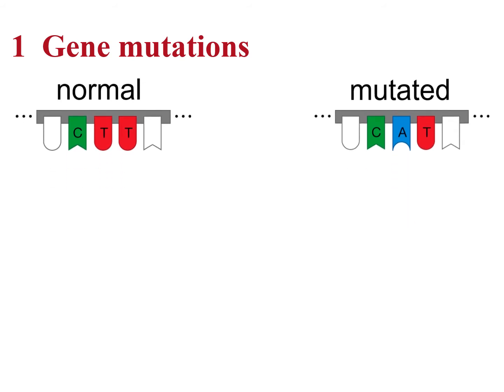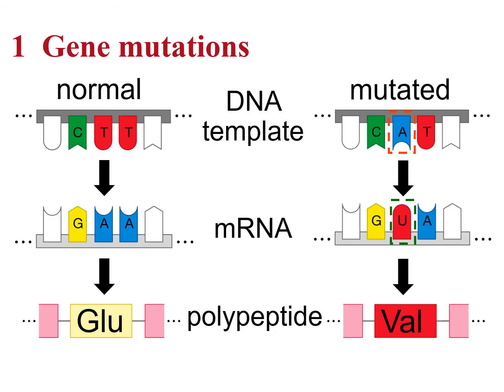After the mutation, a change in the base from T to A will lead to a change in the triplet code in the DNA template. This leads to a change in the mRNA codon, and this is going to code for a different amino acid in the polypeptide.